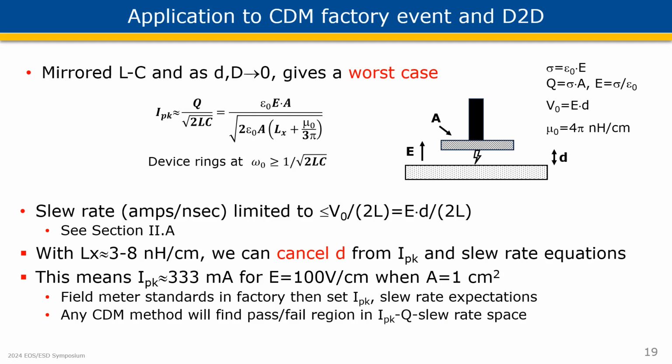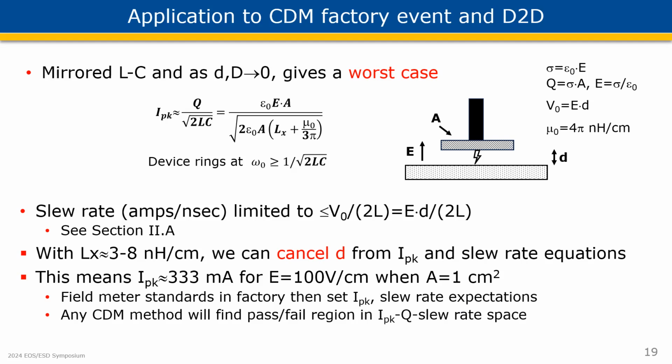And I'd like to point out that under those circumstances, we have a maximum peak current that can result, and that also presumes a collapse of the damping factor, so that we have a worst case, underdamped solution with a lot of current. But the fact is that the closure distance there, d, cancels out of the expressions.